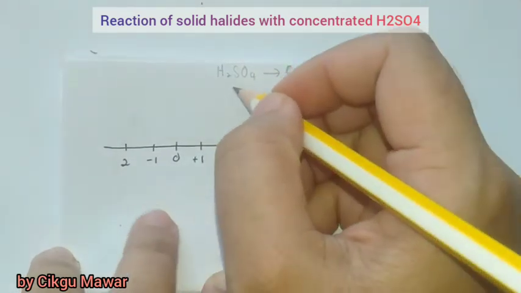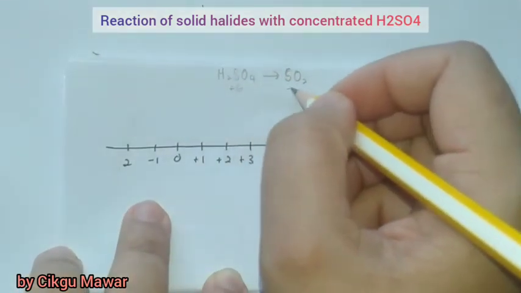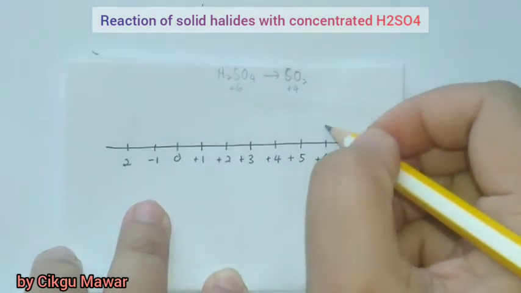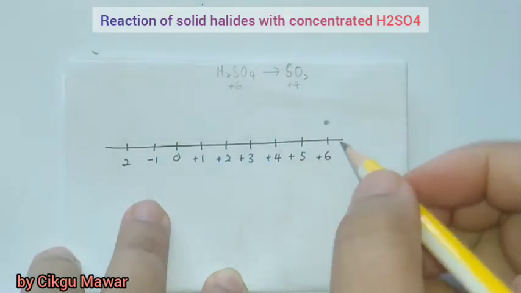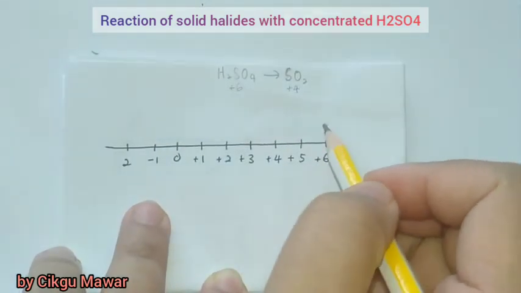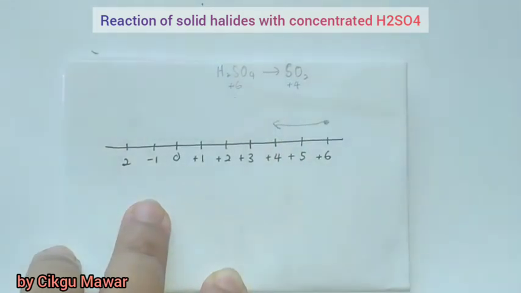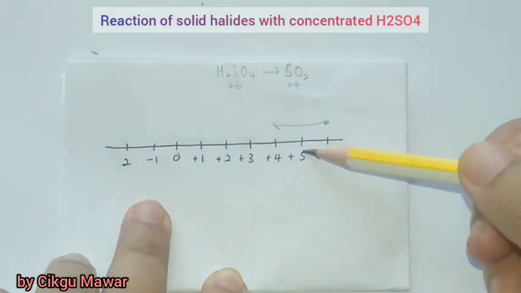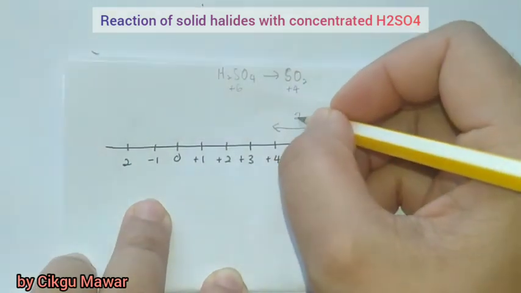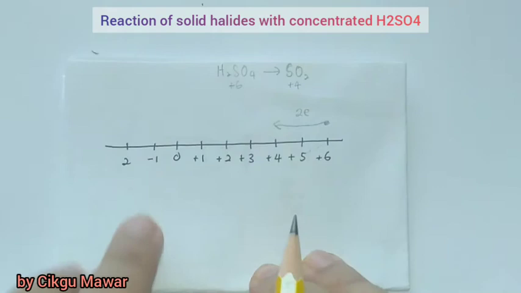I want to show the electron count of the reduction of sulfuric acid. For the first one, from +6 to +4, we can see that +6 is being reduced to +4, so around 2 electrons would be gained.